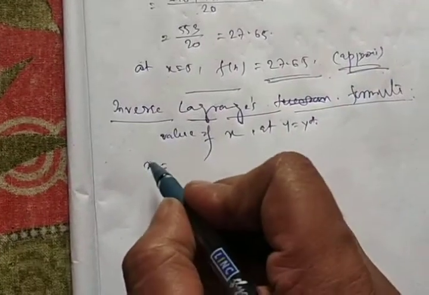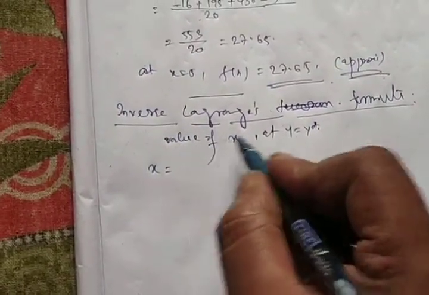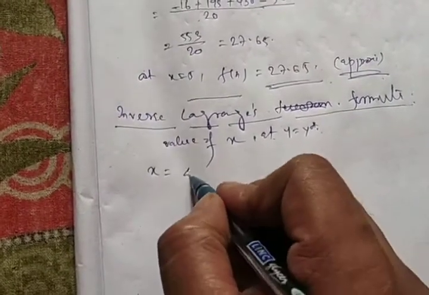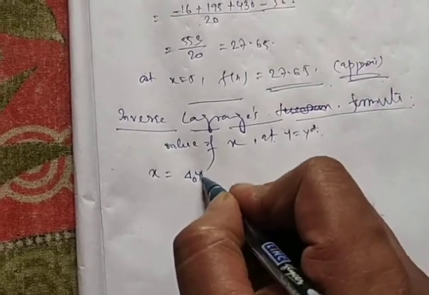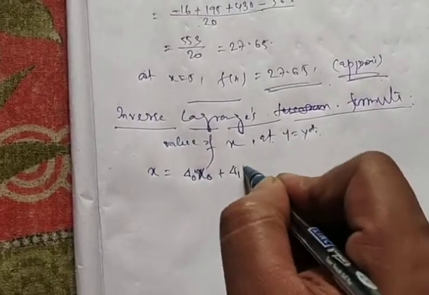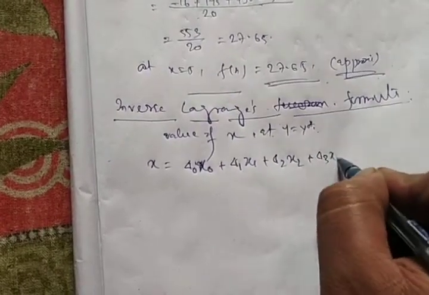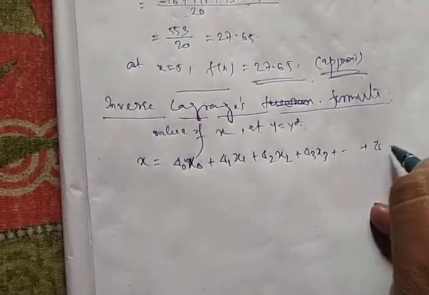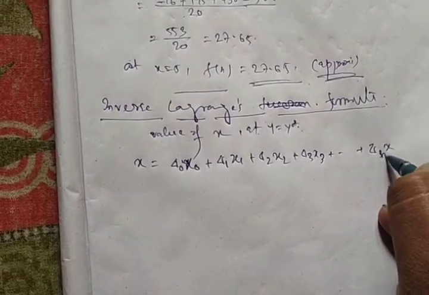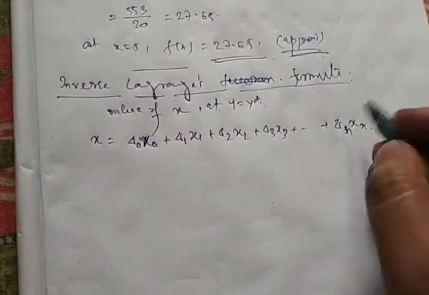Okay, so the value of x at y equals to y star, x equals to delta 0 x0 plus delta 1 x1 plus delta 2 x2 plus delta 3 x3 plus up to delta n xn if n arguments are given.